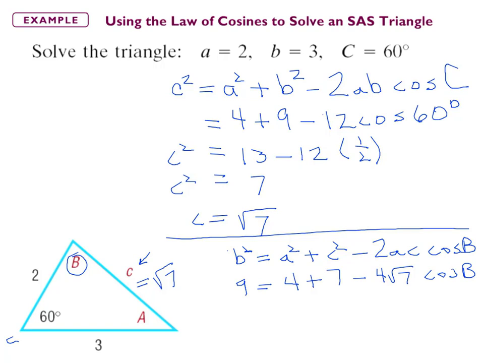So let's see, this is 11, so this is minus 2 equals minus 4 square root of 7 cosine B. Divide both sides by minus 4 times the square root of 7.